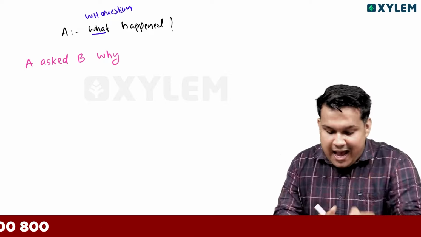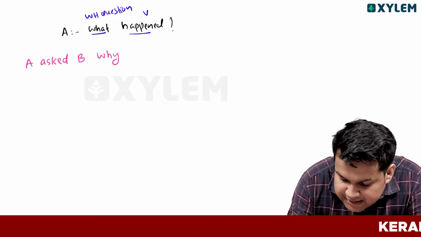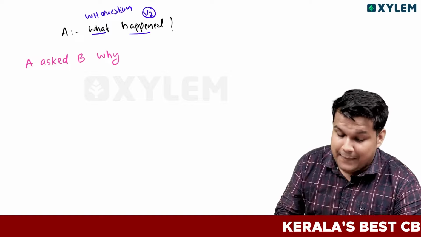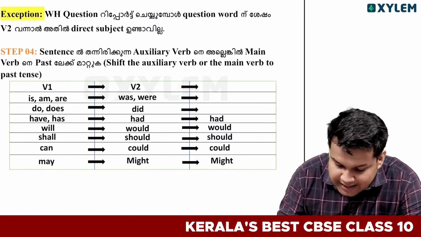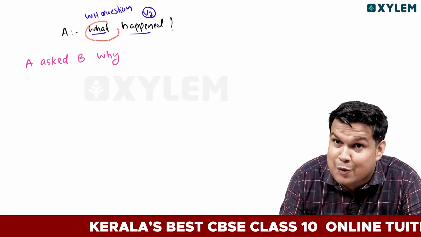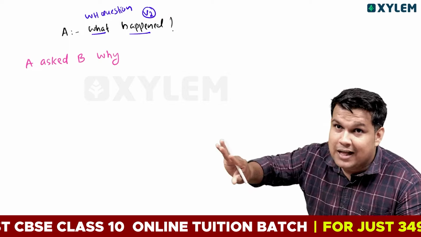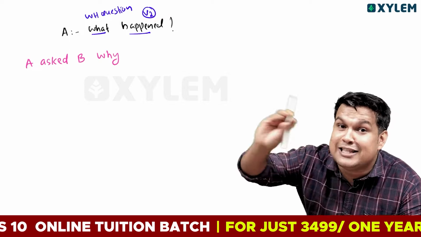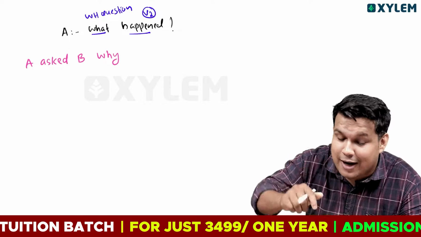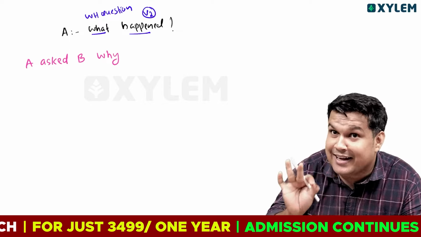Easy peasy. And happened is V2 form of the verb, and the rule is if the WH question is followed by the V2 form of any verb, there will be no direct subject. So in this particular question, there is no direct subject.